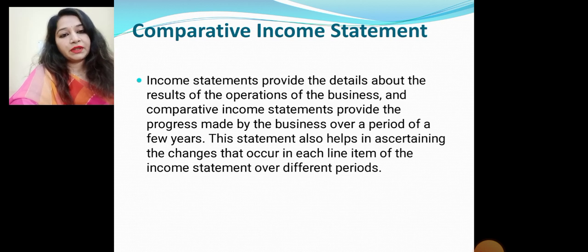Comparative income statement. An income statement basically provides the detail about the result of the operation of the business, and a comparative income statement provides the progress made by the business over a period of a few years. This statement also helps in ascertaining the change that occurs in each line item of the income statement over different periods.